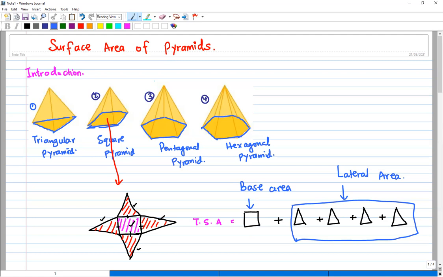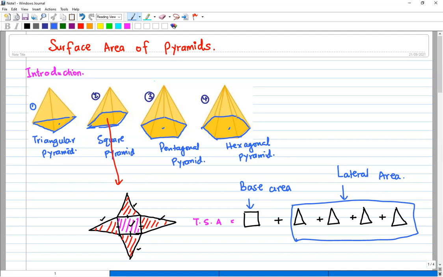For the triangular pyramid, the base area will be the area of a triangle. Square pyramid, the area of a square. Pentagonal pyramid, the area of the pentagon. Hexagonal pyramid, the area of the hexagon. And the lateral area will be the area of triangles, because for all pyramids, all the side faces are triangles. So that's all about the surface area of pyramids.